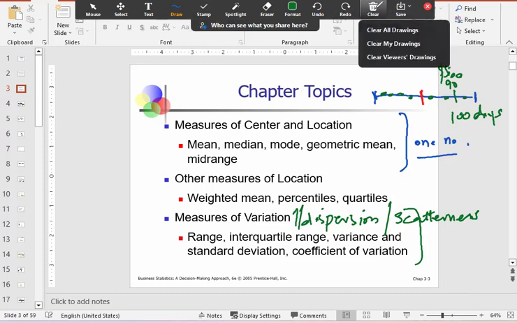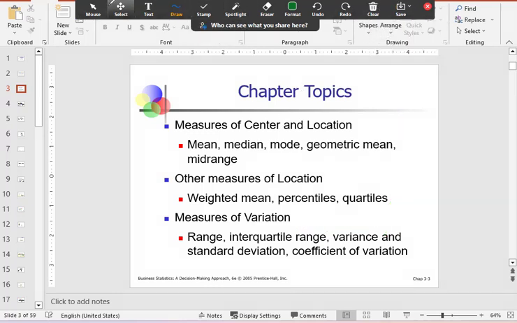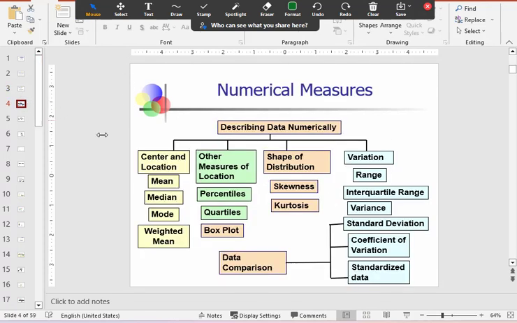So let's move forward. Let me clear the screen. In the next slide, we are making a table of how we describe the data numerically. We can describe in terms of center and location. We can describe in terms of other positions in the data. We can talk about the shape of the distribution of the data. We'll talk about that when the slides come. We can talk about the variation in the data, how it is varying.